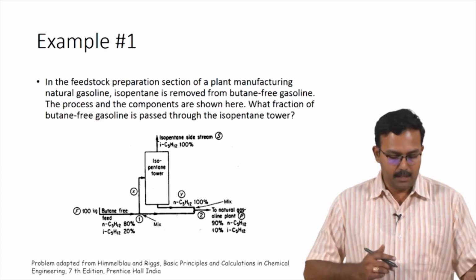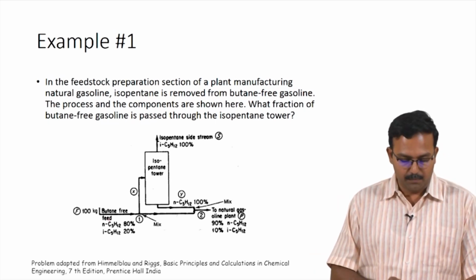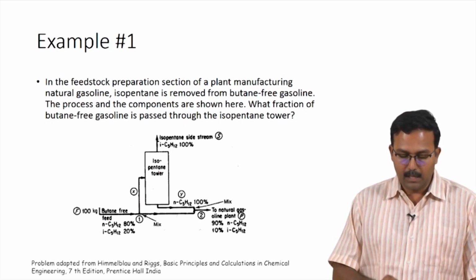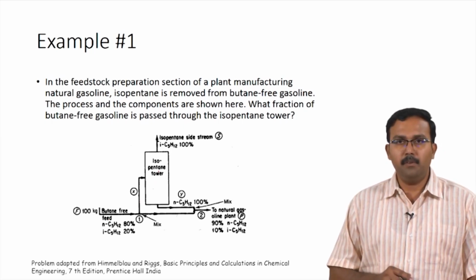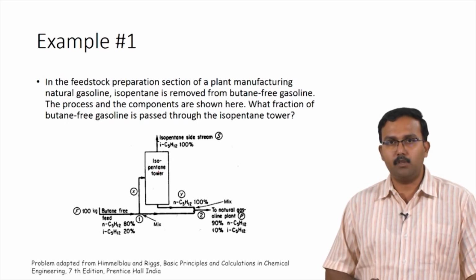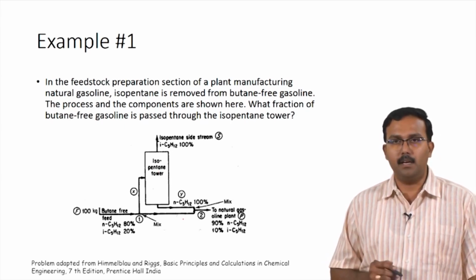What you have here is a feed of 100 kilograms of butane free feed, and that enters into the isopentane tower. Some of this stream is actually taken out and it bypasses the isopentane tower and is mixed with the bottom stream of the isopentane tower.